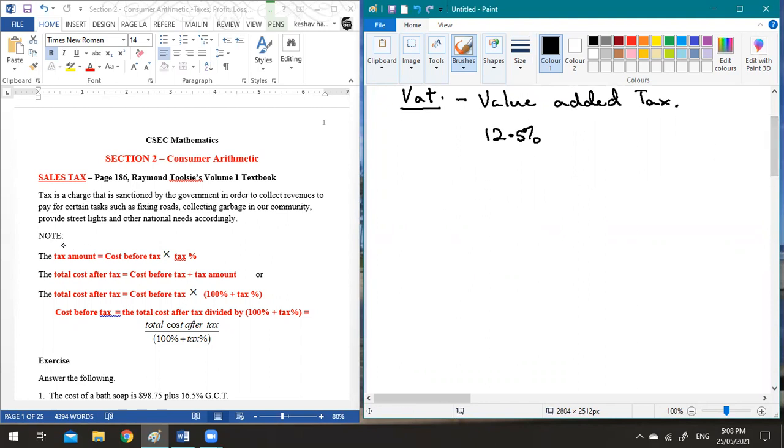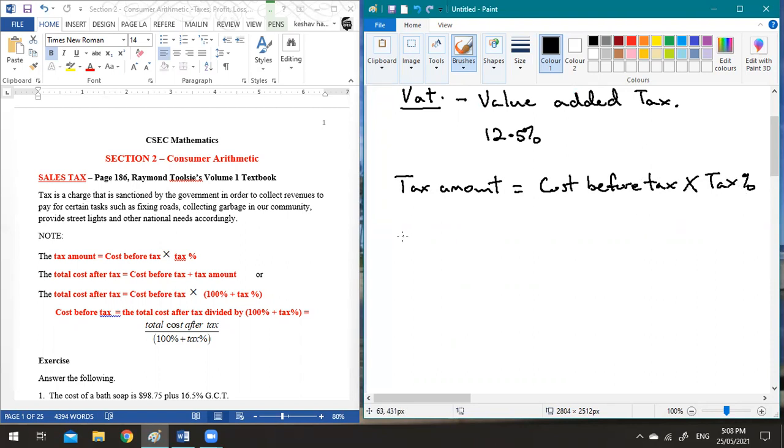So these are some formulas that you have to learn. So the tax amount is equal to the cost before tax multiplied by the tax percentage, right? So the tax amount, or the amount you have to pay in tax, is the cost before tax multiplied by the tax percentage.